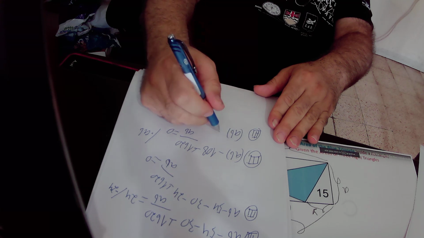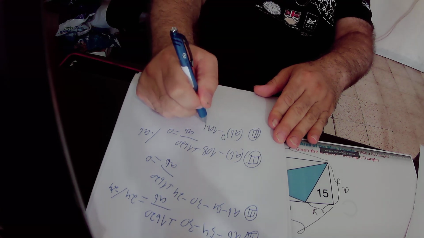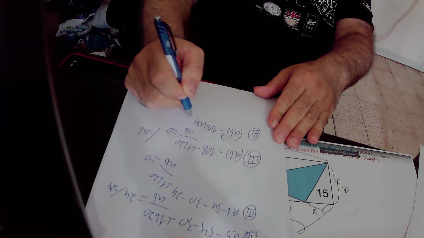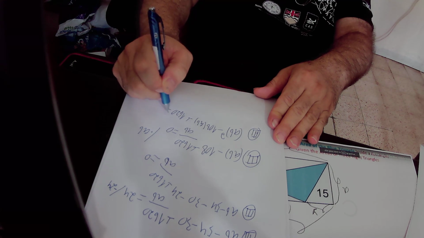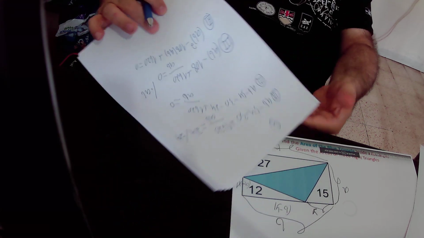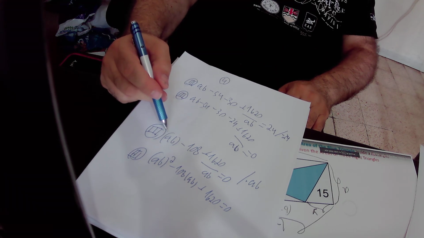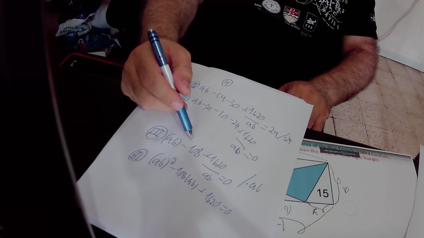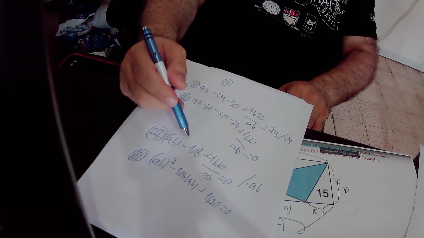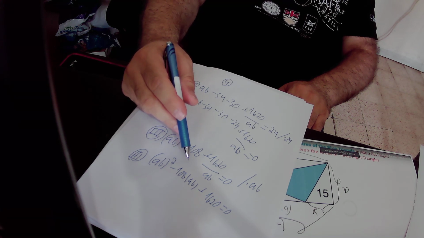AB times AB is AB squared. Negative 108 times AB is negative 108 AB.